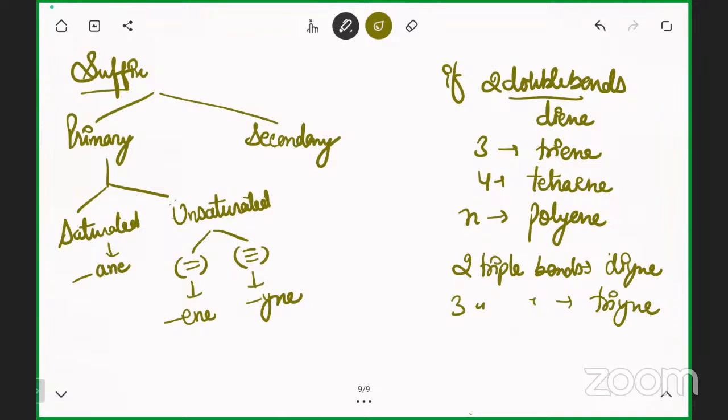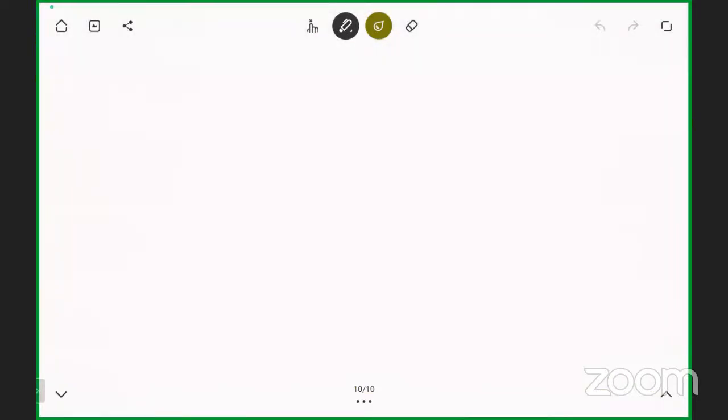What are secondary suffixes? Secondary suffixes are those which tell about the particular functional group. For example, alcohols are there. The alcohol functional group is OH. The secondary suffix will be ol.